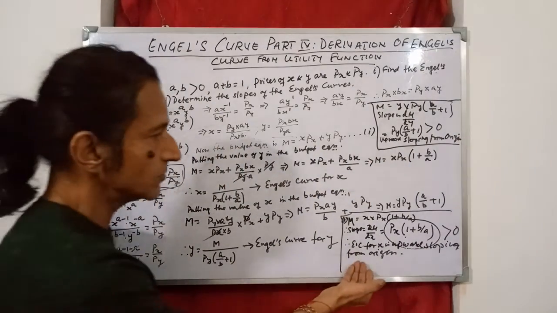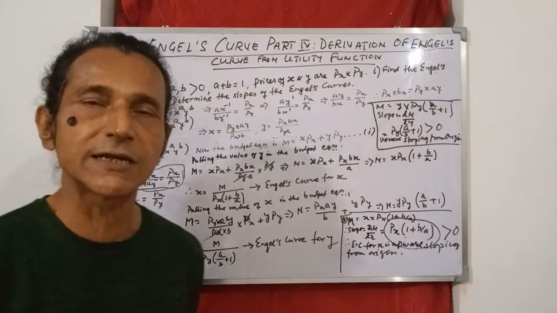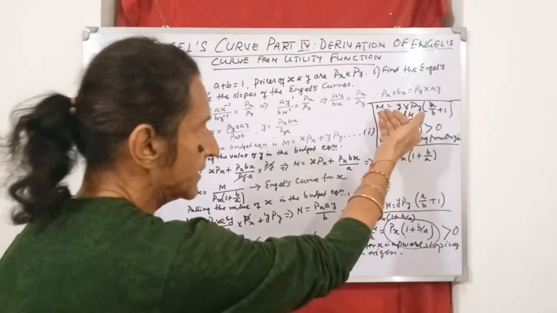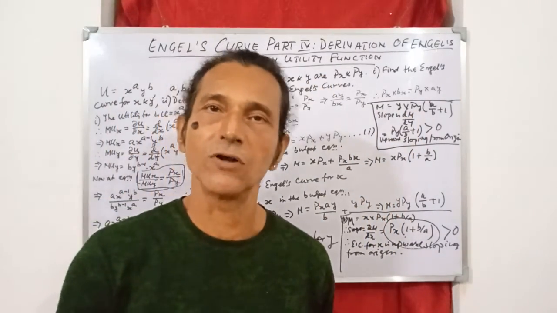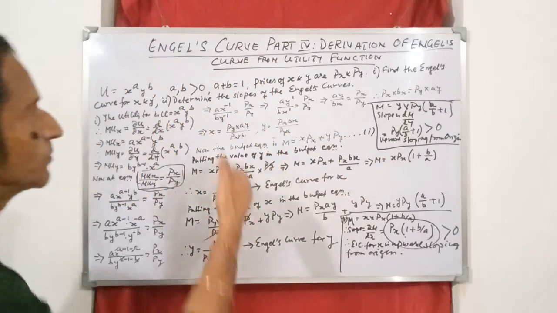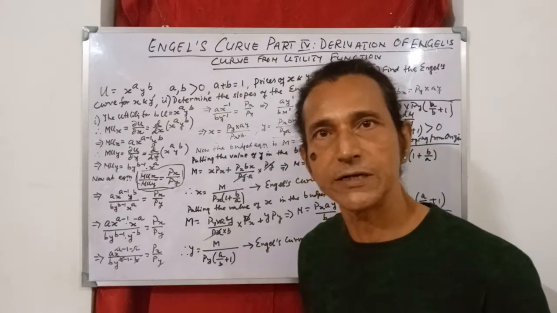So here we have shown the Engel's curve for x is upward sloping and starting from origin, and here we have shown the Engel's curve for y is upward sloping and starting from origin. So we have solved part 2 of the problem. So both the parts 1 and 2 are already solved.